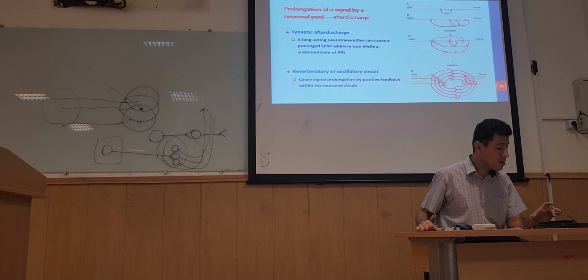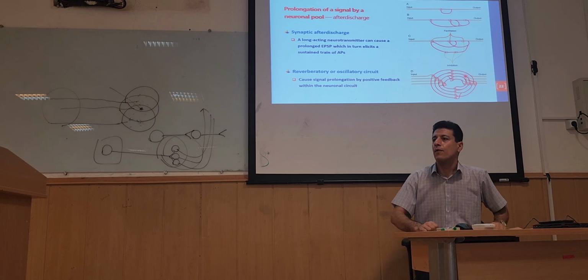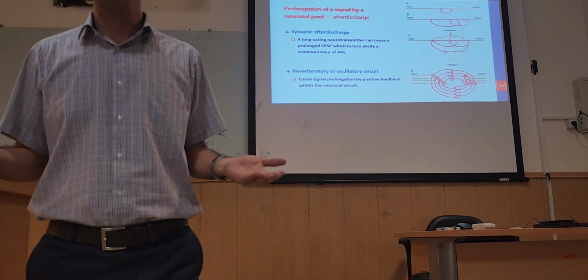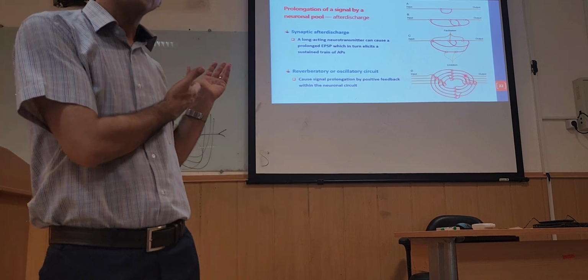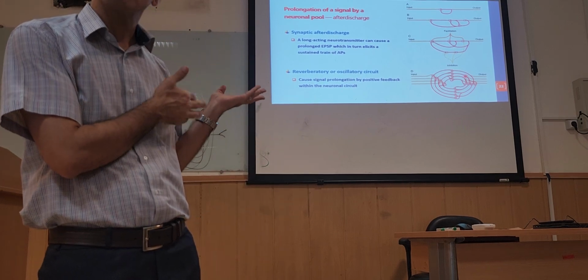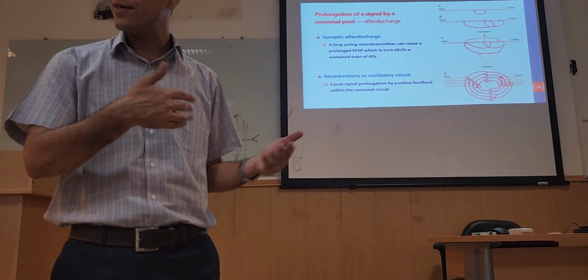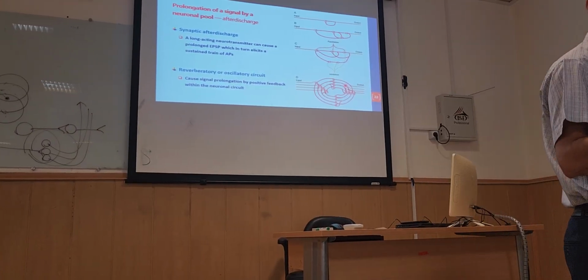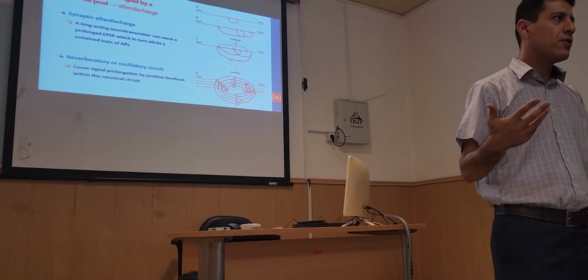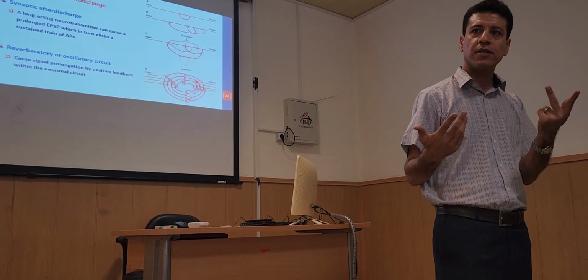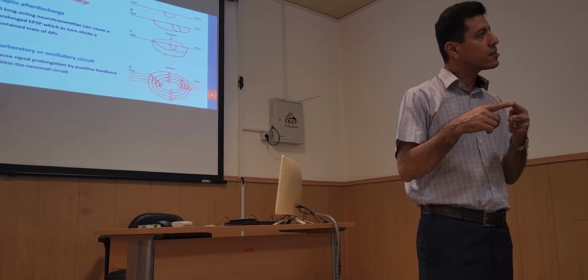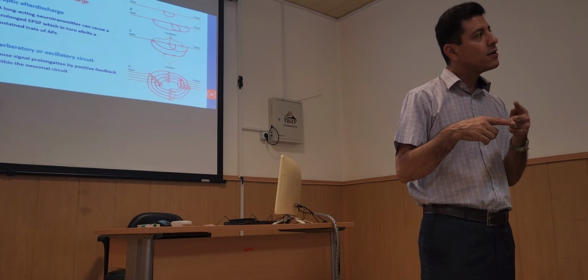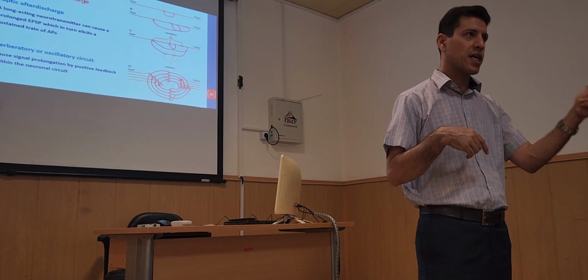Okay? So one way for prolongation of a signal is using oscillatory circuits or reverberatory circuits. Another way, you're familiar with that from the previous session. For a synapse, I told you that there are two types of neurotransmitters: small molecules and large molecules. Large molecules act for a longer time.